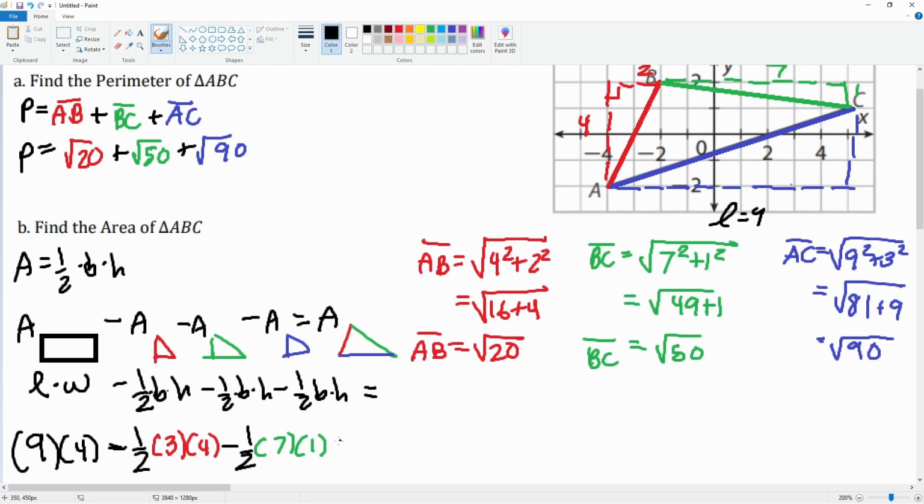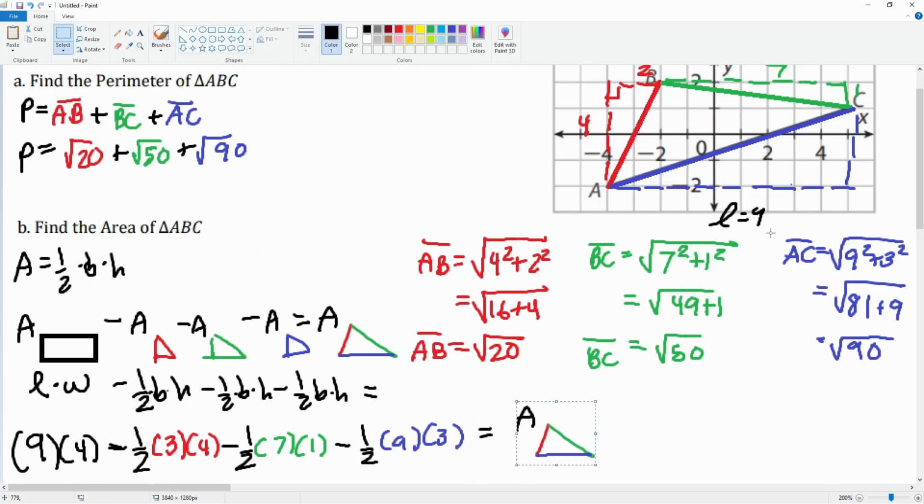Then we're going to minus 1/2. Let's do the blue one. The blue's base is 1, 2, 3, 4, 5, 6, 7, 8, 9. 9. And the height is 1, 2, 3. 3. And that should get me this triangle right here.